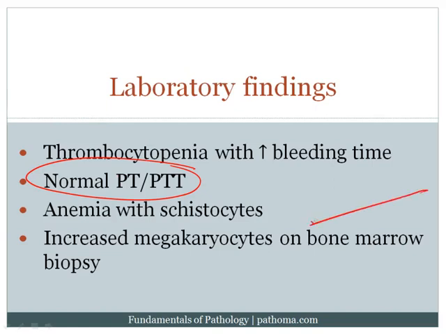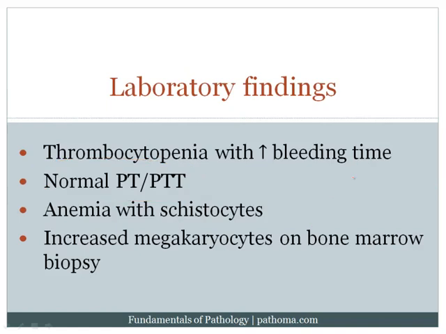When these microthrombi are forming, what's happening is you're forming these platelet microthrombi, but you're not going to the next step where you actually activate the coagulation cascade and you get cross-linking. So the only thing that's happening is that the platelets are actually aggregating at that site. Well, maybe I should say more correctly, there's adhesion of platelets at that site. And so the PT-PTT will be normal in this disorder, and that's, again, very important.